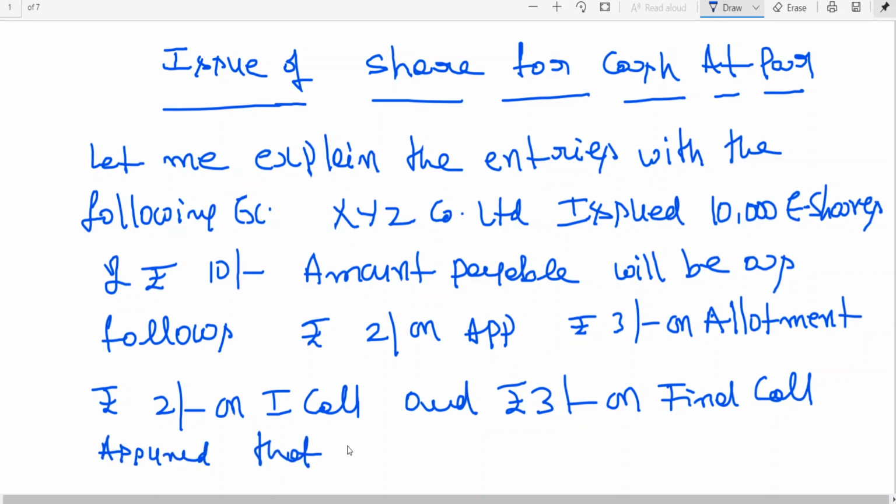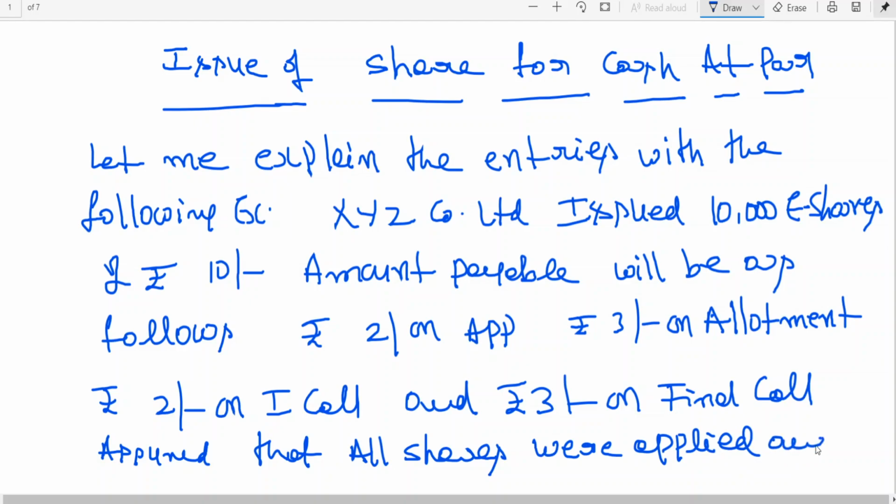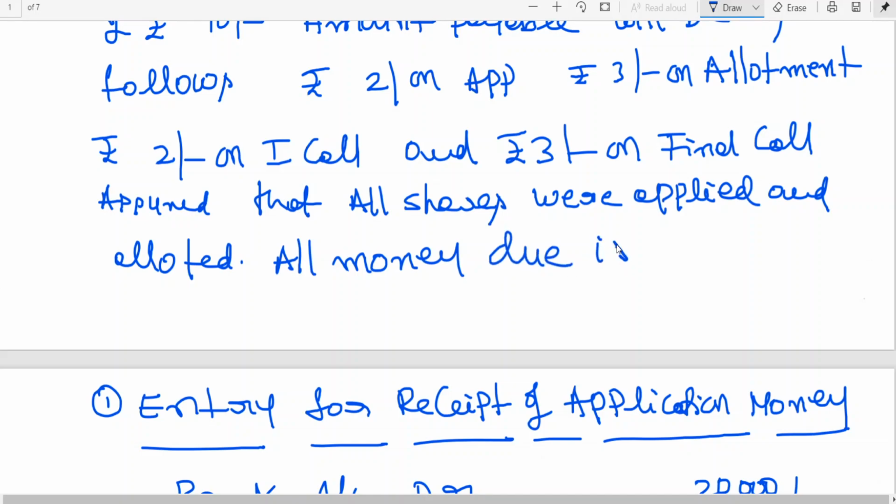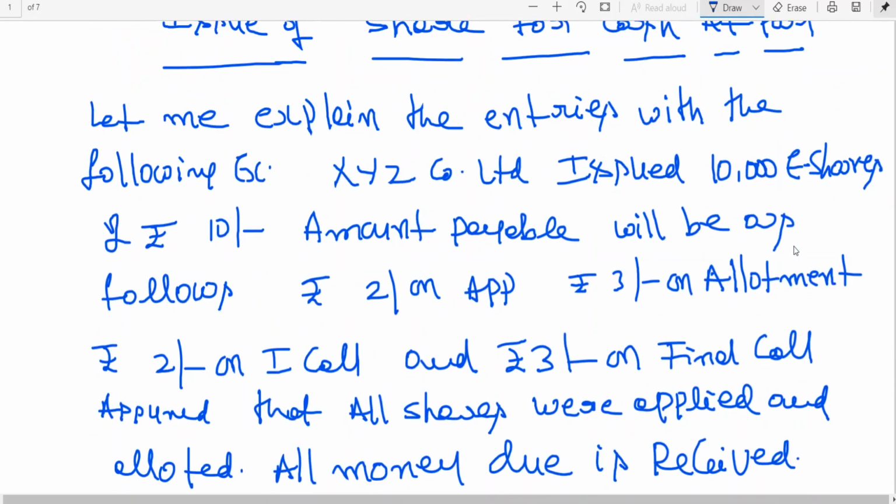Assume that all shares were applied and allotted. All money due is received.